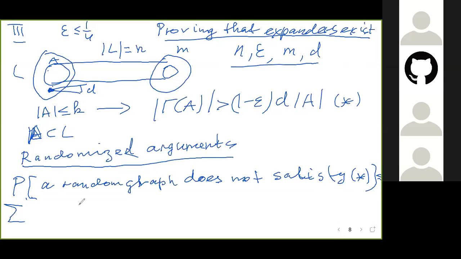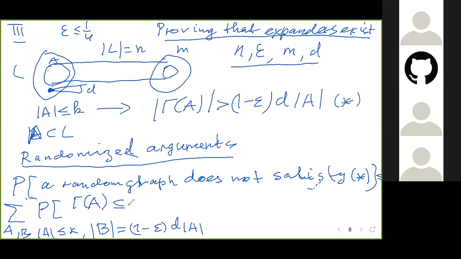This event is a union of events over all possible A and B, where A has at most K nodes, B has cardinality (1 minus epsilon) times D times the cardinality of A, and the event itself means that gamma of A is included in B. I mean here non-strict inclusion.